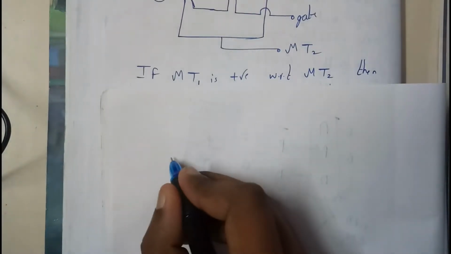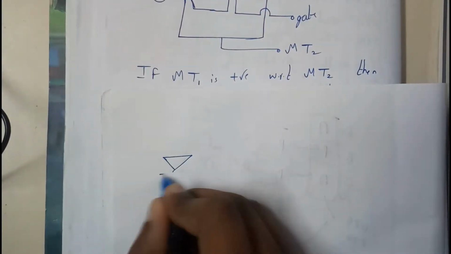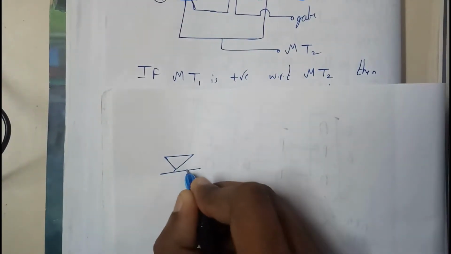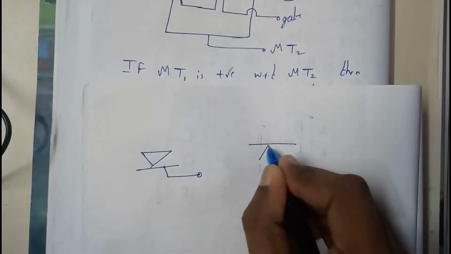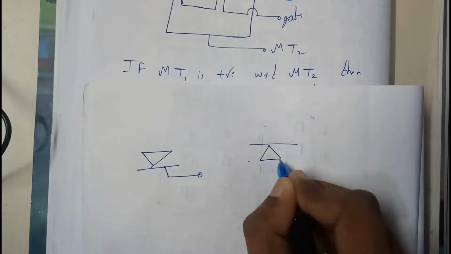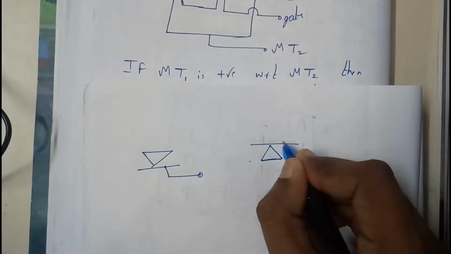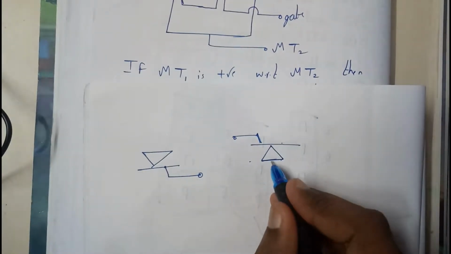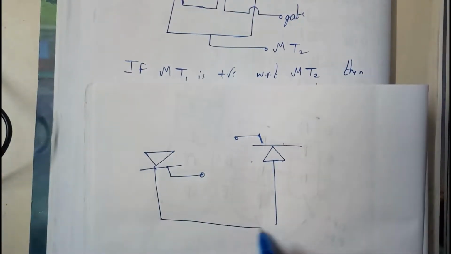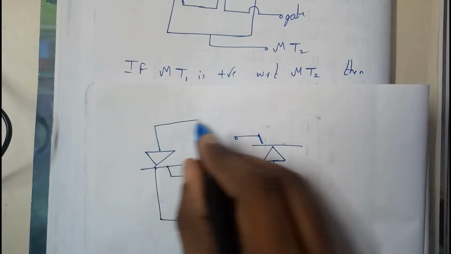So this will be my first one with the gate, and this will be my second one with the gate. We'll be connecting them back to back, so this is how they are connected.